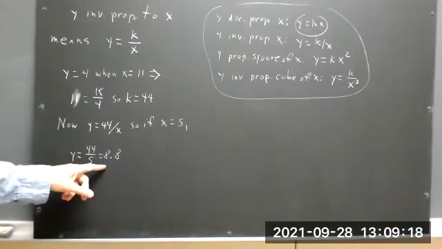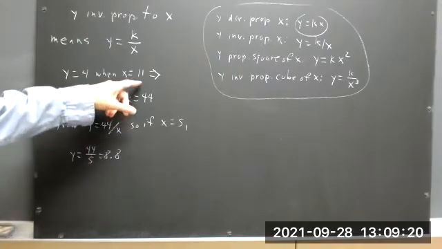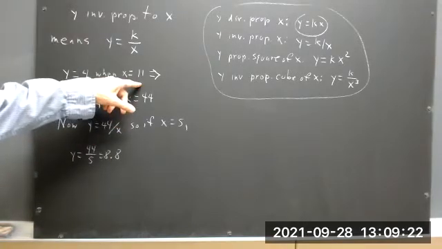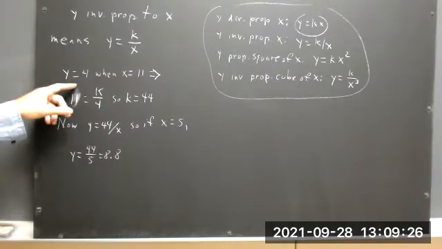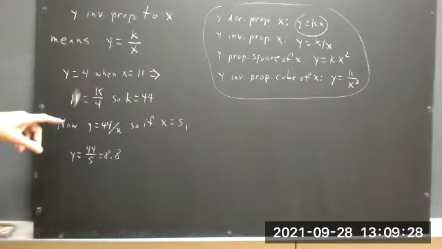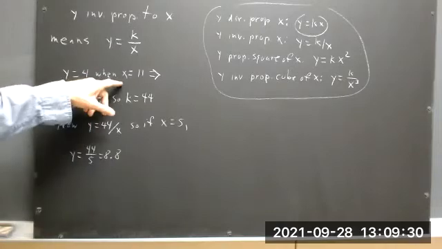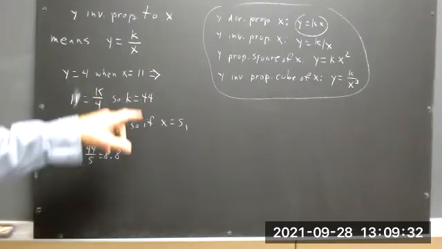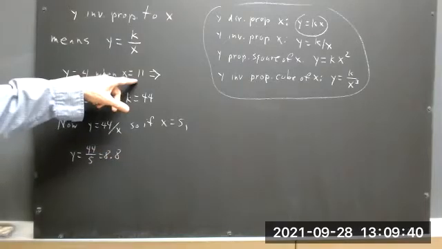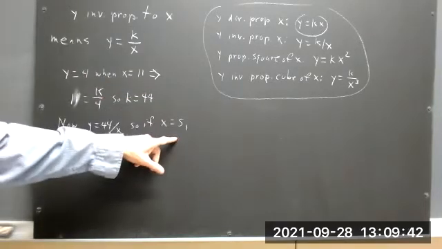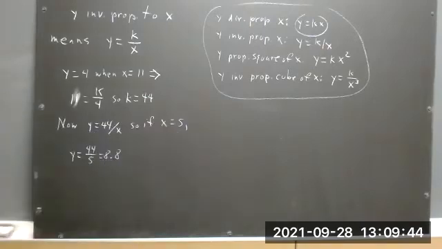Now this means, of course, 8.8 is bigger than 4. So when x gets small, when x goes from 11 down to 5, y gets bigger.